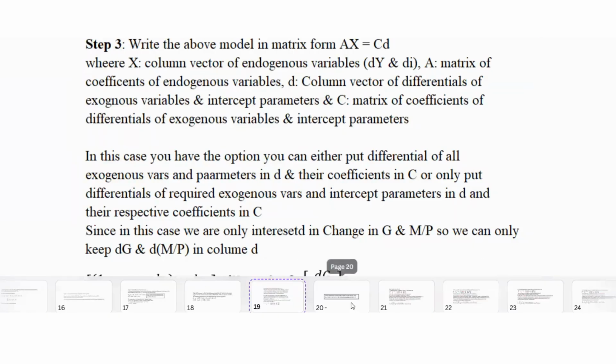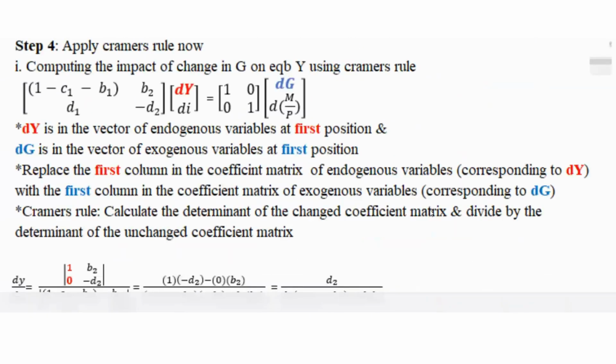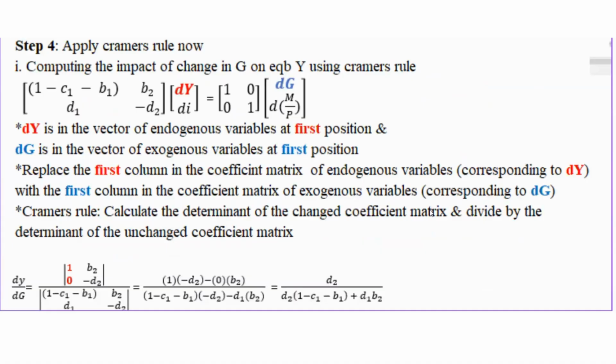So now that we have done the first three steps, where we have totally differentiated the ISLM model focusing on changes instead of levels, then rearranged it and written it in matrix form Ax is equal to CD, we're finally ready to apply Cramer's rule to find the multipliers. The first thing you want to compute is the impact of change in G on equilibrium Y using Cramer's rule.